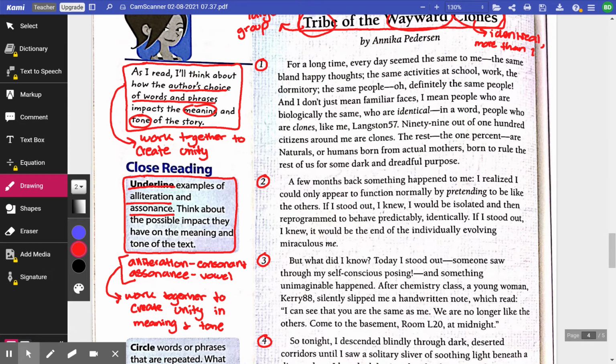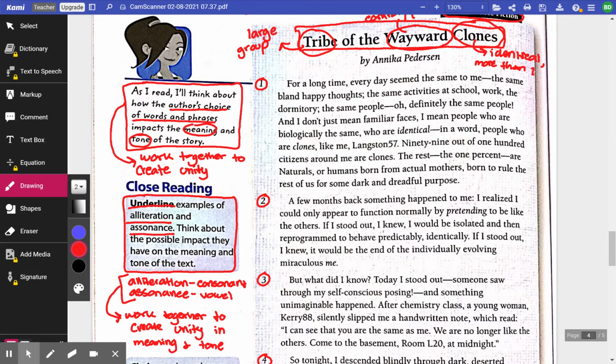Okay, guys, so I'm assuming that you are back. You have found your examples of alliteration and assonance. So now let's go over a few examples that I found in the text. We'll take this paragraph by paragraph. In paragraph number 1, toward the end, I found 2 examples of alliteration actually.